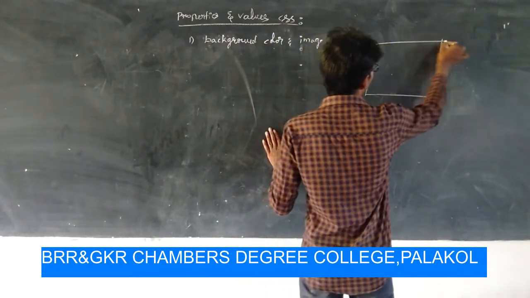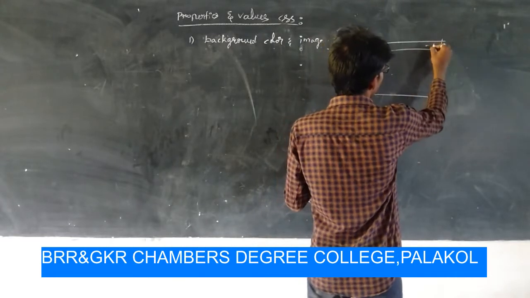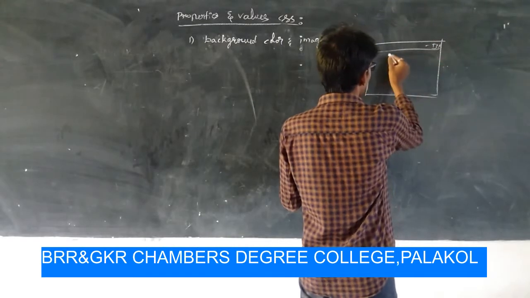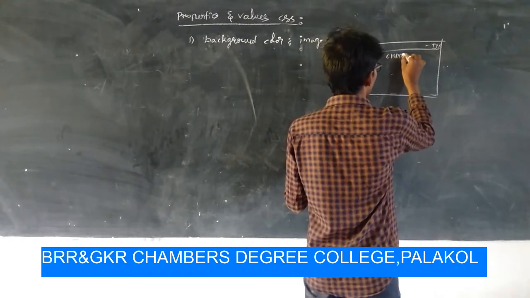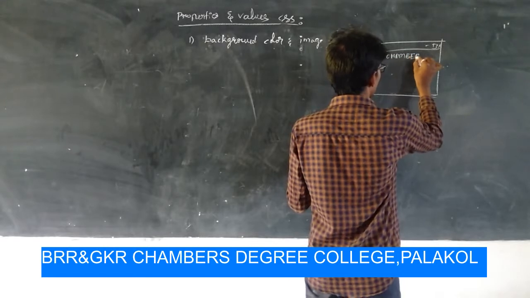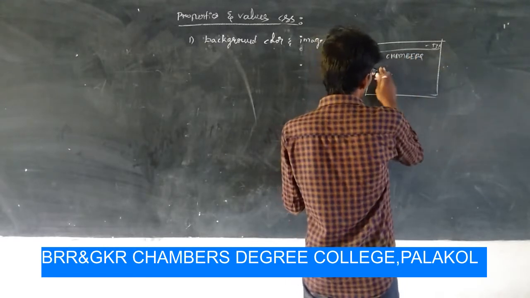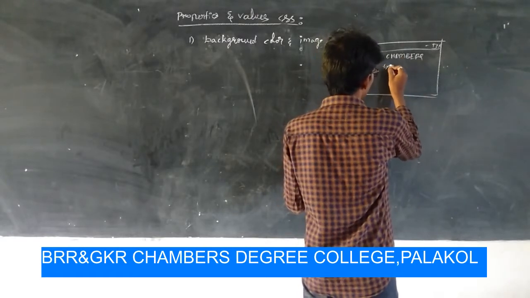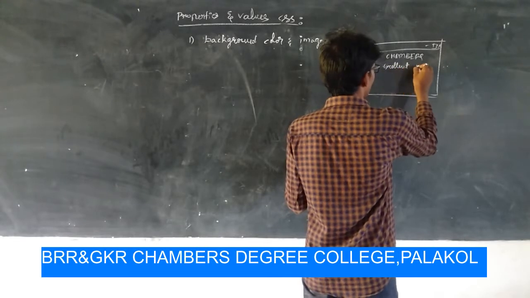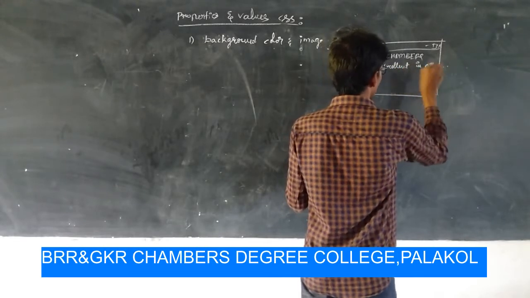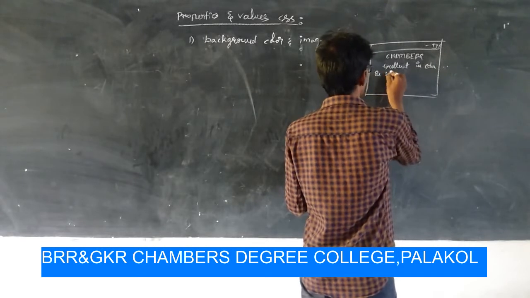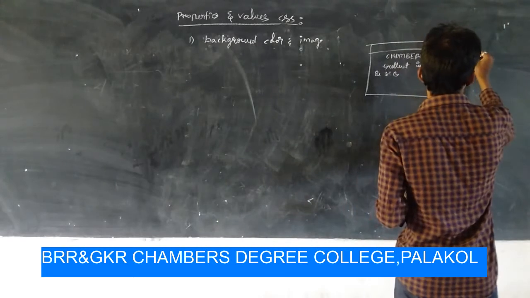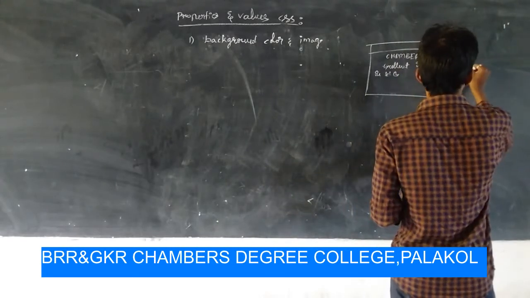In this document there is a heading, some heading, and another one is a paragraph like excellent in education in West Godavari. Okay, this is the heading and this is a paragraph.